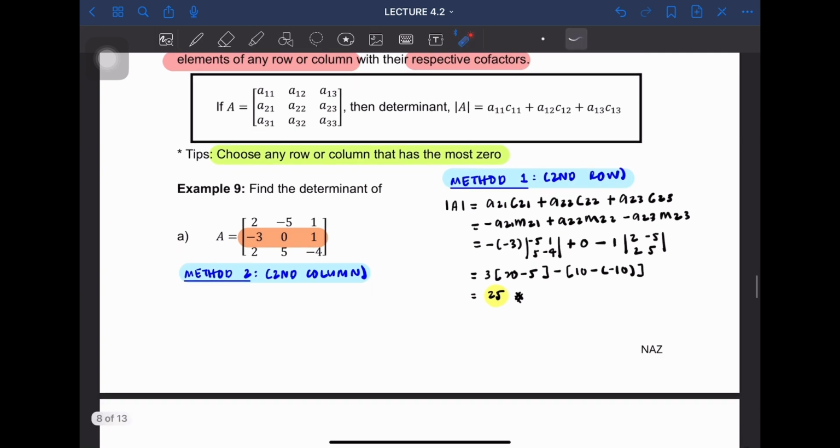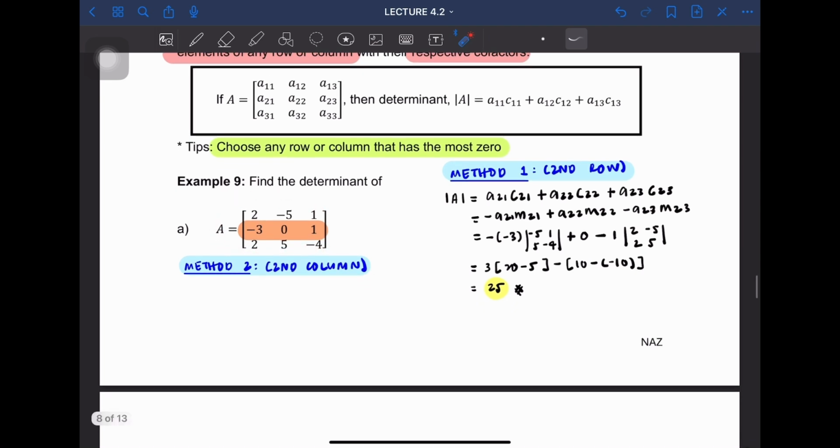Now let's try the same matrix but using a different column. So we choose the second column this time. I'm going to highlight the second column to find the determinant of this 3 by 3 matrix. Based on the formula, since we choose the second column, the second column here is A12, A22 and A32. So the formula is A12 C12 plus A22 C22 plus A32 C32.